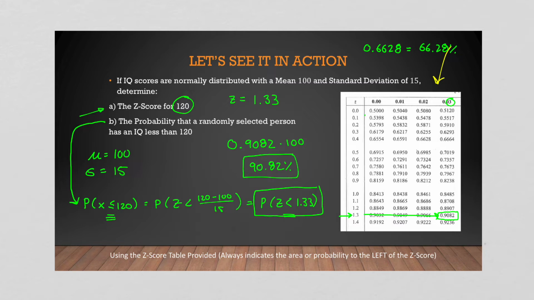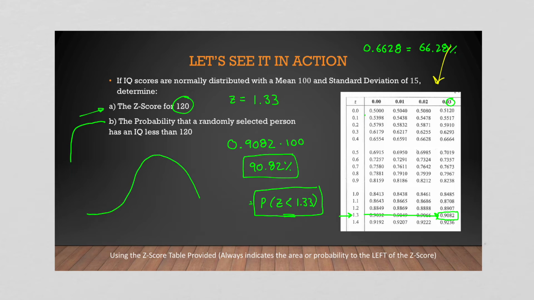It means, I understand the irony of saying the word mean all the time, that on our normal curve, if our mean was here, our average, our mean is 100. It means that 90.82% is to the left of the score we were given.